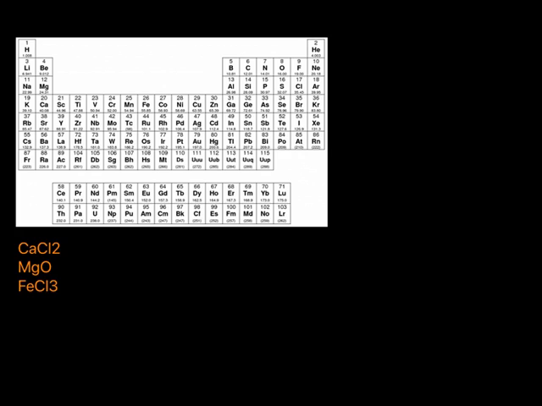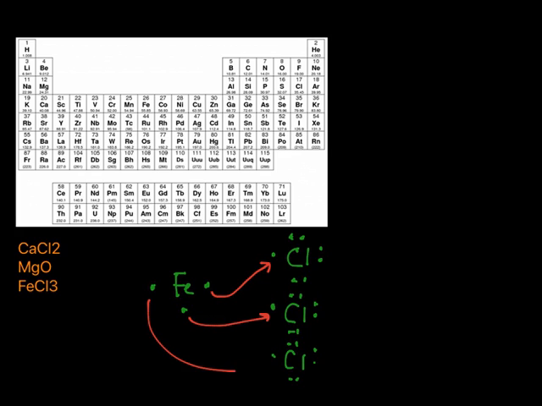Okay, so for iron 3 chloride, as I said before, the transition metals have at least 2 valence electrons. In this case, iron has 3 valence electrons. Each chlorine will have 7 valence electrons. The iron, being the metal, is going to give away its electrons to the non-metal, which is chlorine, in this way.